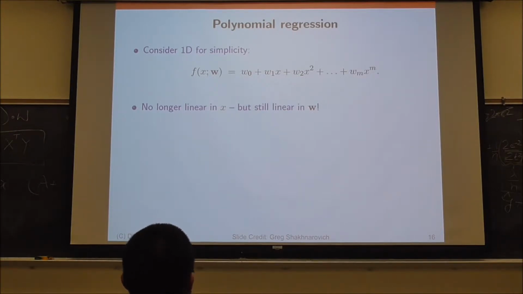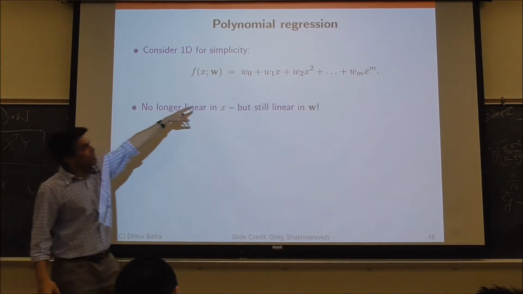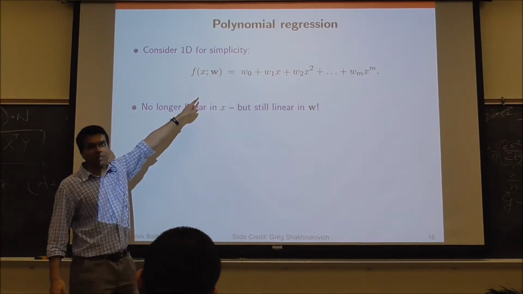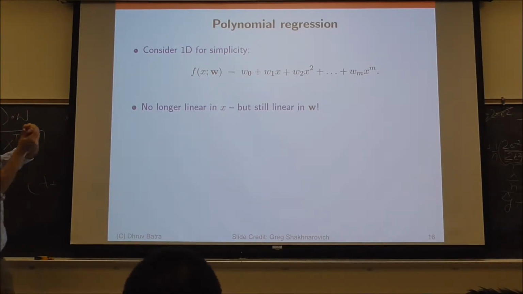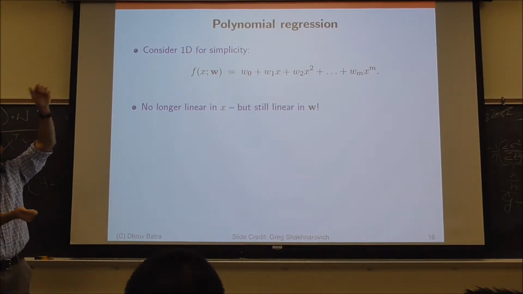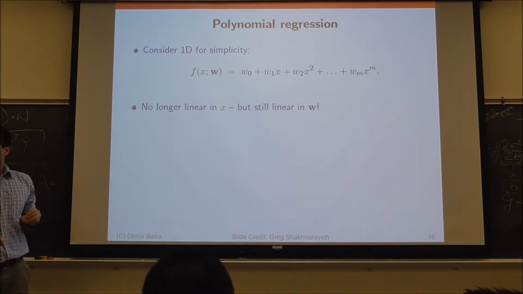Everything we studied was, we developed the tools for linear regression, but we never actually specified linear in what. And this is going to be a common case. We don't actually care about being linear in our data. We care about being linear in our parameters. And if you notice, this is still linear in your parameters. Why? Because you can still take out a vector w0, w1 all the way till wm, and another feature vector, which is 1, x, x squared all the way till x to the d.